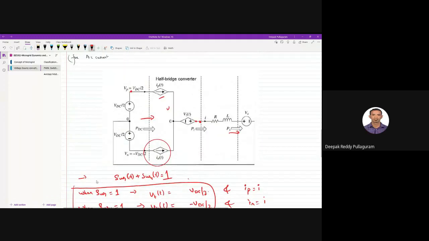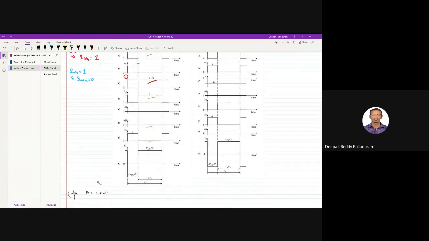We said at any condition, if there is some current I flowing through this, whether positive or negative, what is the net current?